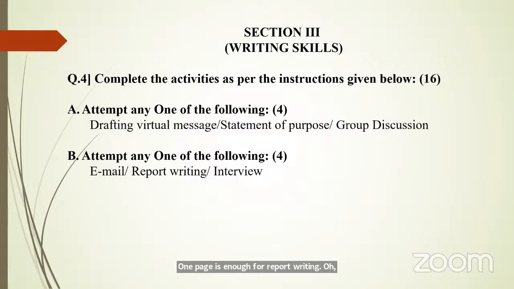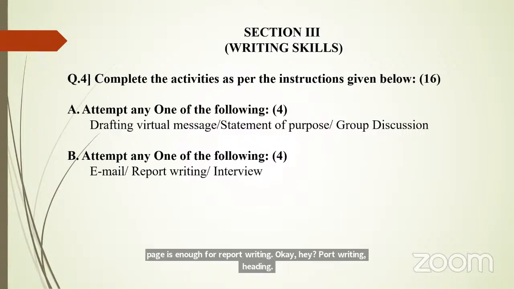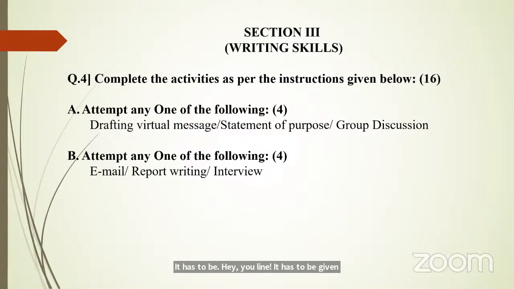Report writing heading has to be a headline. It has to be given in capital or bold letters, which is to be followed by the dateline. Again, for the dateline there is a format. The name of the place will come first and then the date. For example, recently we celebrated certain occasions.